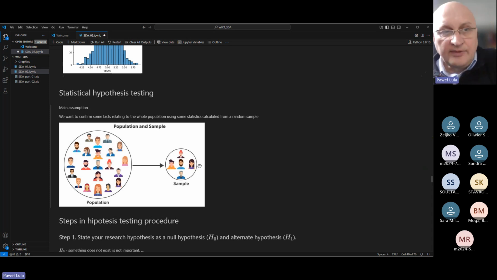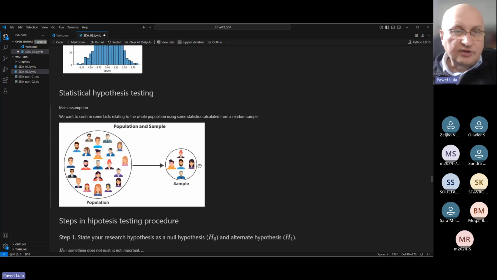It is a very important element of statistical data analysis. It is a very important tool which we can use for verification of some thesis, of some hypothesis, which we can formulate.